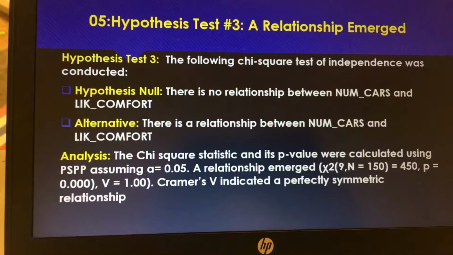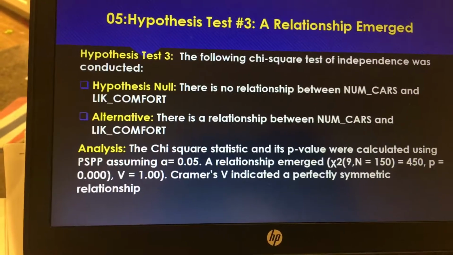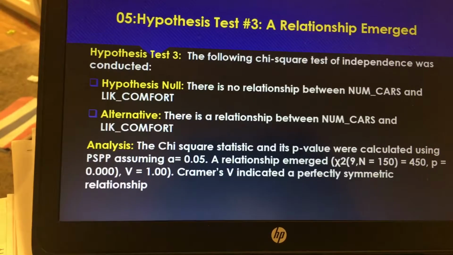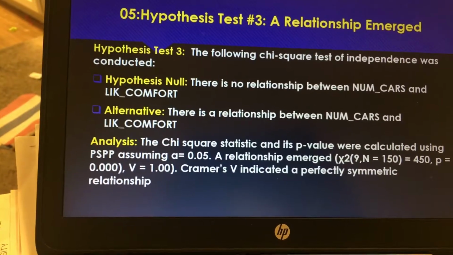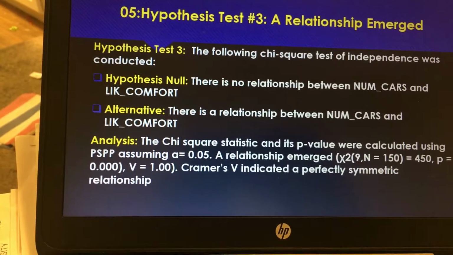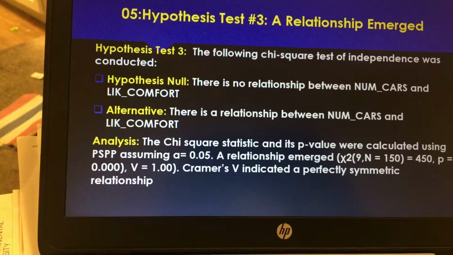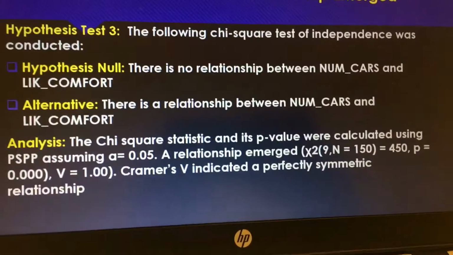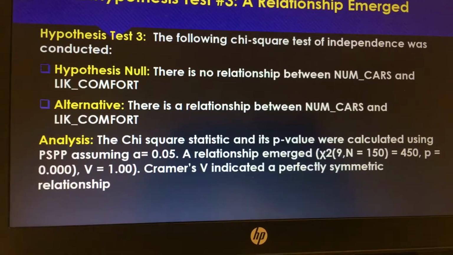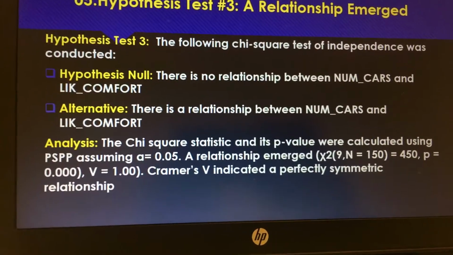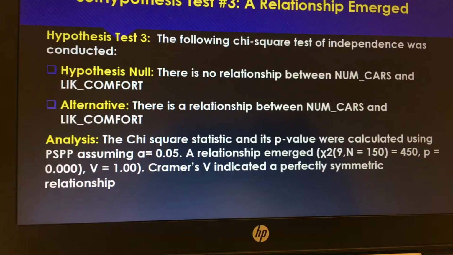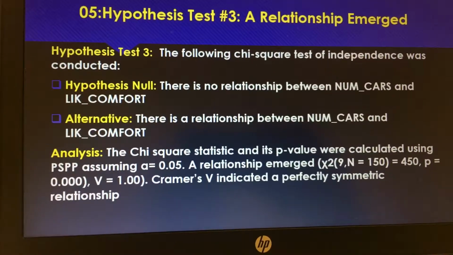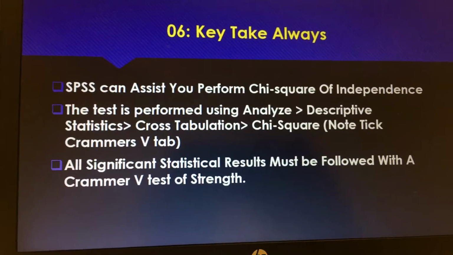As you can see, there was a degree of freedom of 9 with the same number of respondents, 150, and the p-value, as you can see, is 0.000, which is a very strong result. The Cramer's V was 1, which also indicates a very strong, indeed a perfect, relationship. And so let's now go very quickly to a few takeaways.